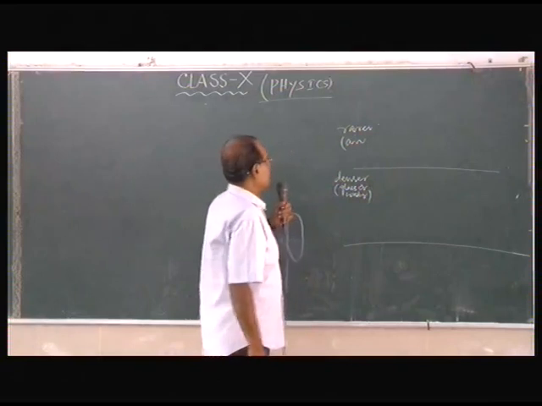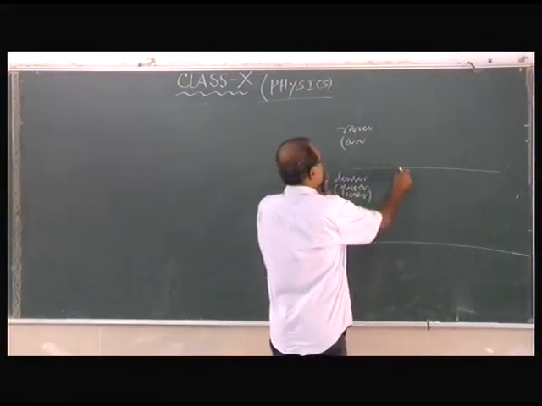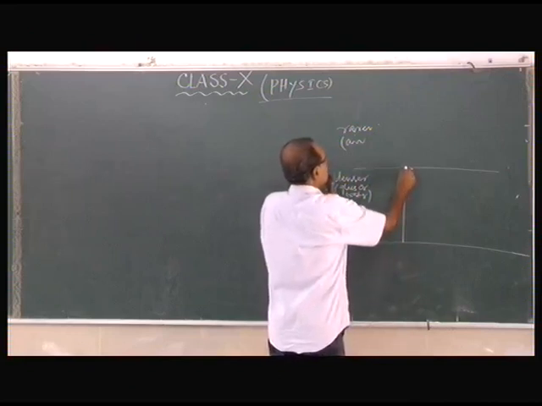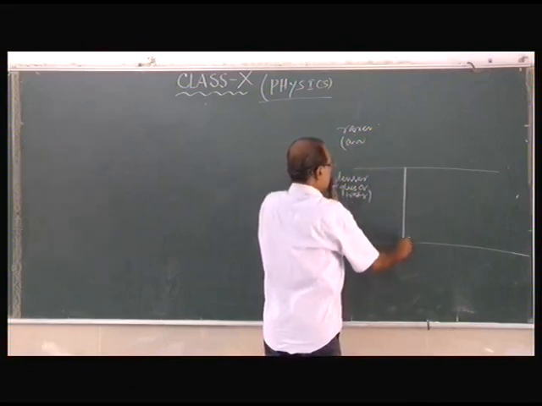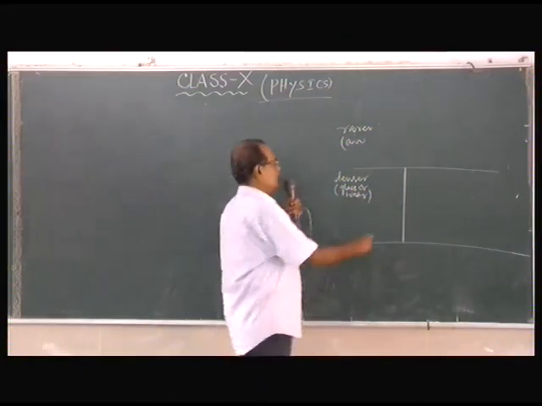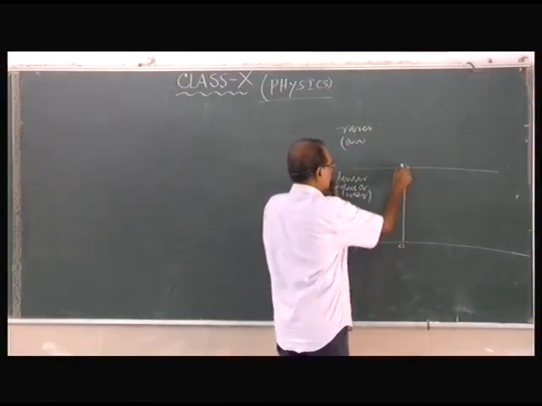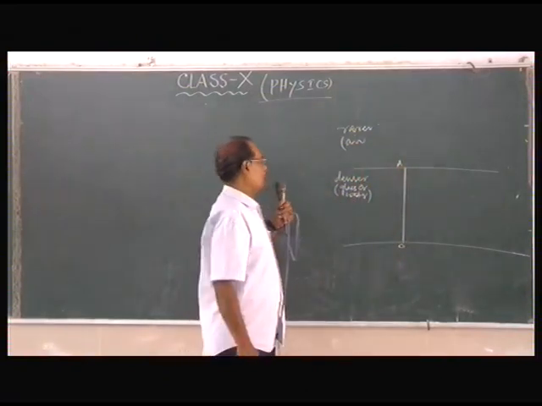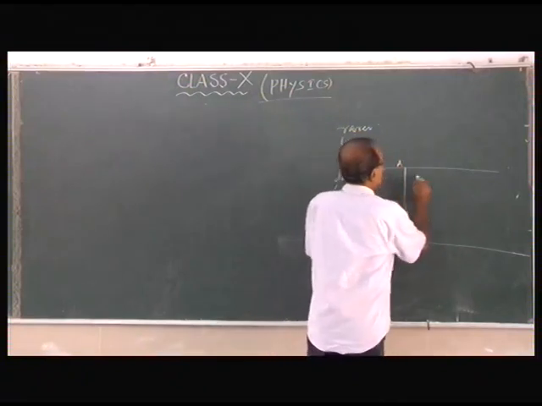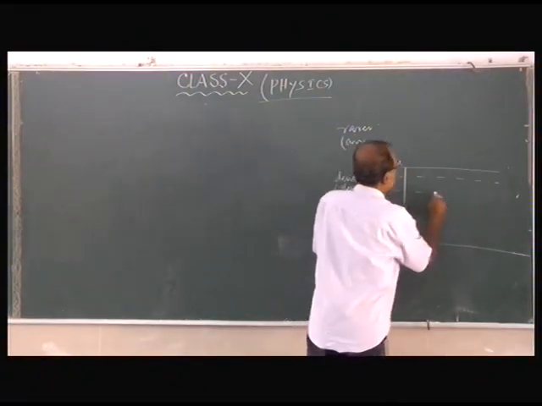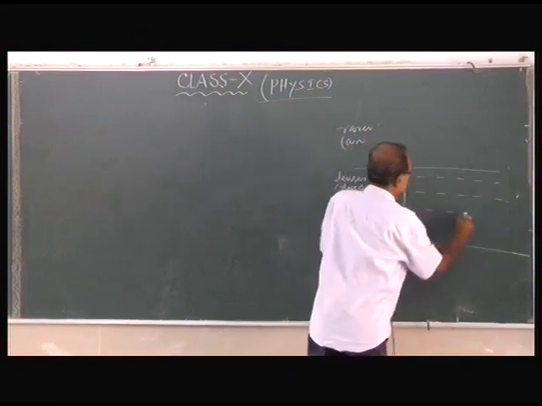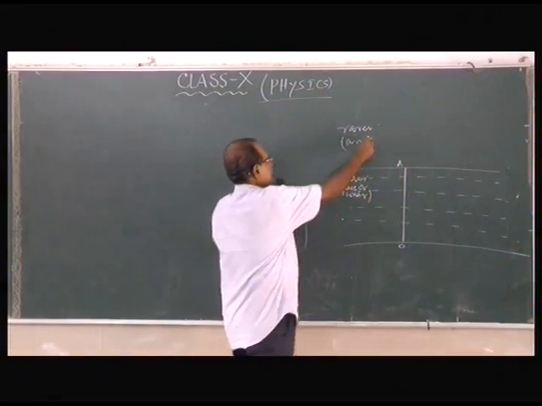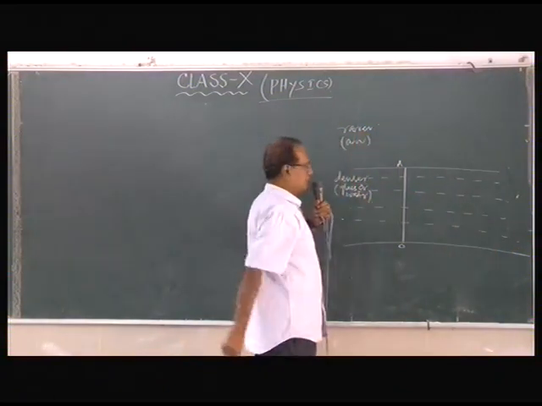This is the actual depth, the actual thickness of the medium. Say it is O, this one is A. So OA is the actual depth or thickness. Now say it is water or glass, whatever. So therefore this is rarer medium, this is denser medium.